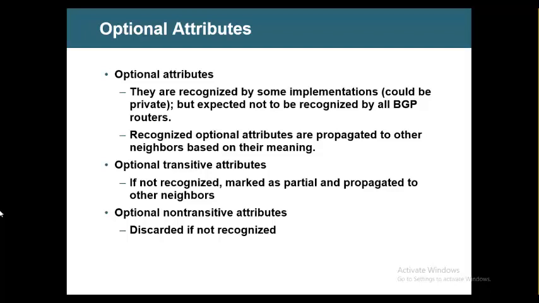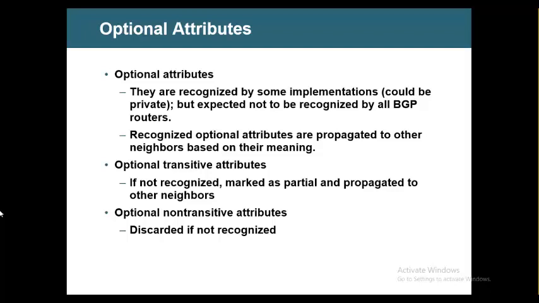Example: optional transitive is like, let's say Cisco is sending a BGP update to another vendor's router. That other vendor's router expects one particular attribute which is actually local to that vendor.